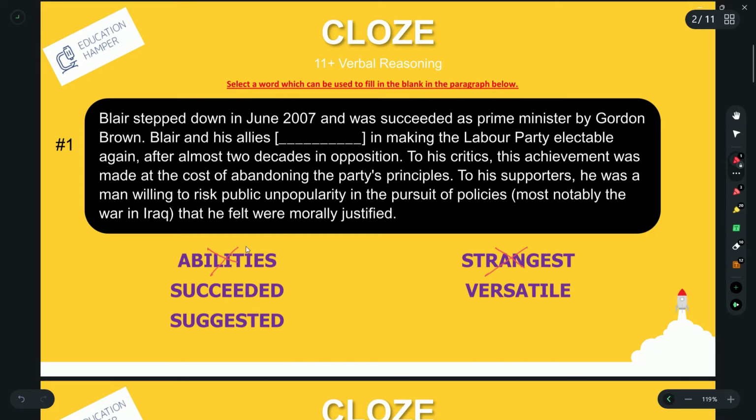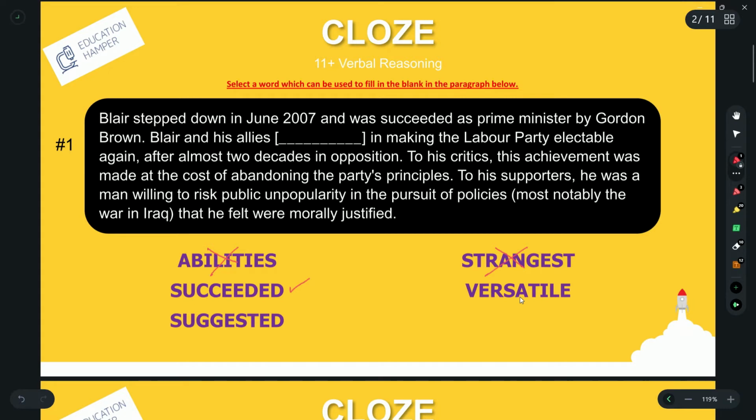That seems like the best choice of the three we've looked at, because he was successful in coming into power. He did succeed, and both Blair and his allies succeeded in making the Labour Party electable again. Seems to be the best answer so far. So let's give that a little tick for now.